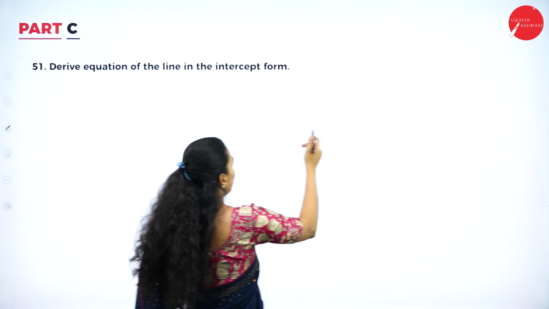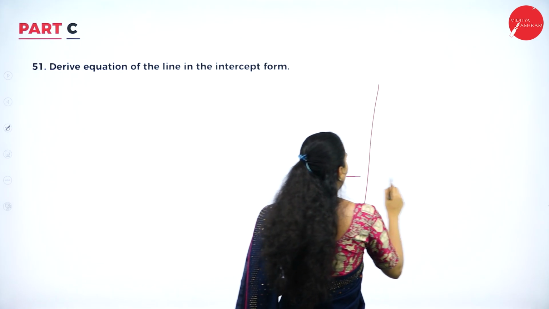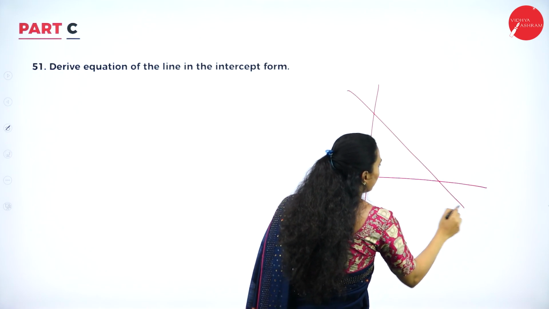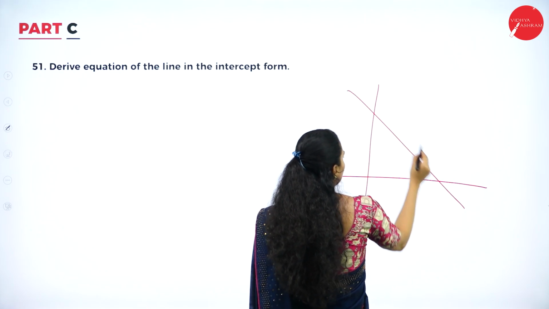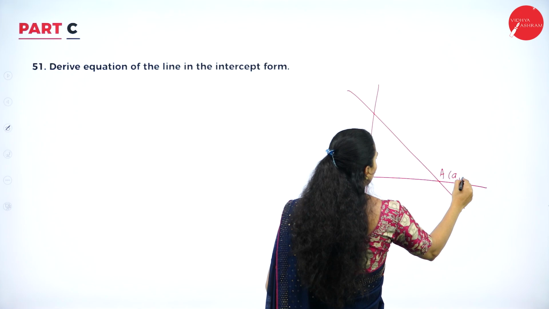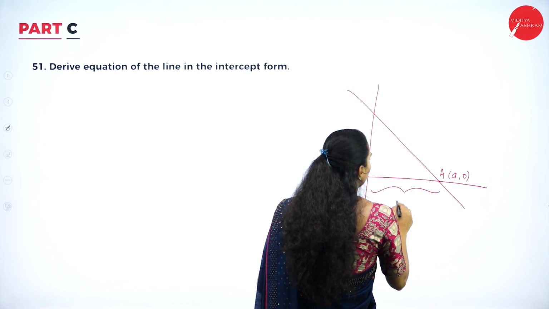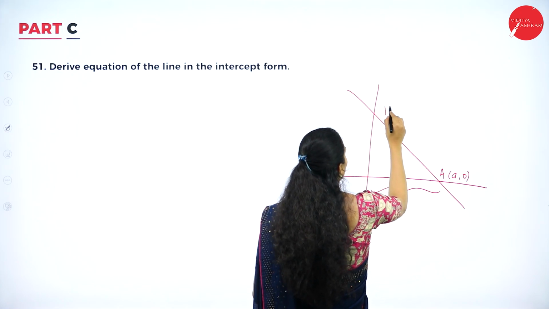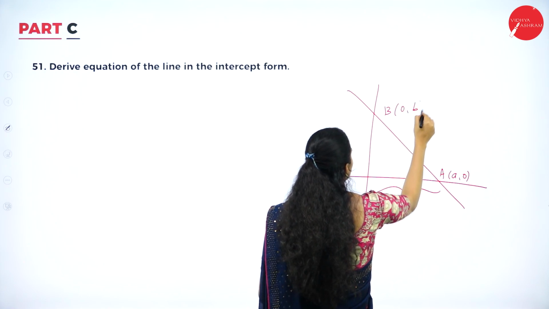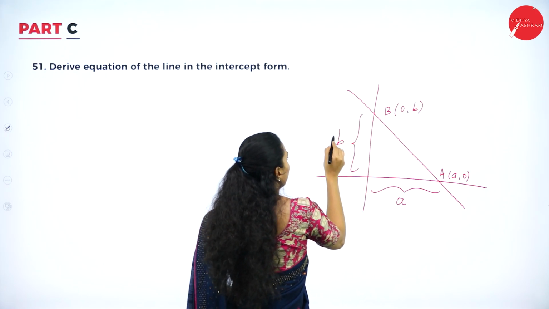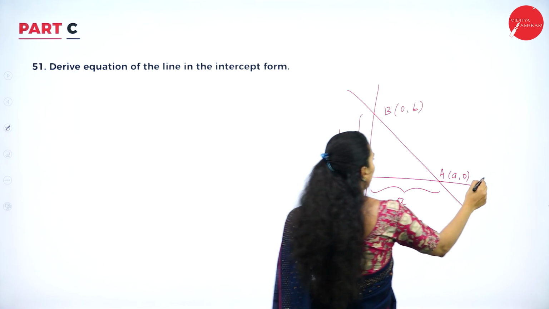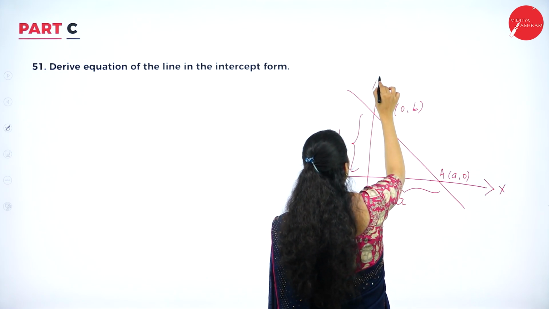So I am going to draw the diagram. Let a line cut the x-axis and the y-axis at some points, that is A of (a, 0), because this distance is nothing but a, and B of (0, b), because this distance is nothing but b. So this is the x coordinate and this is the y coordinate.